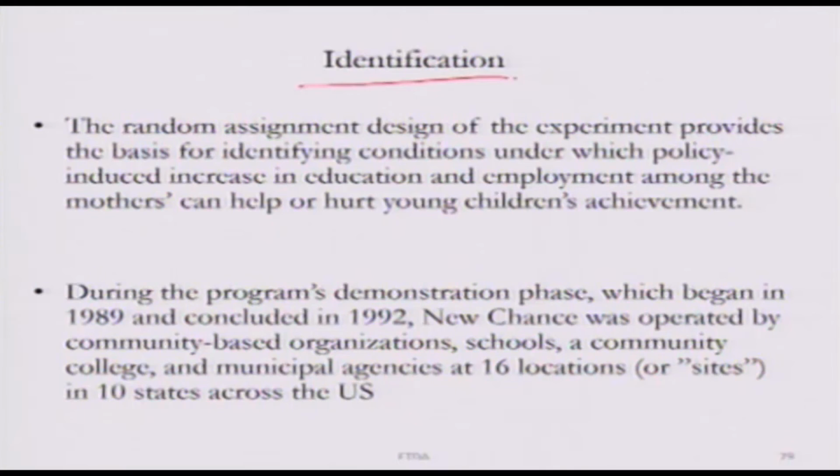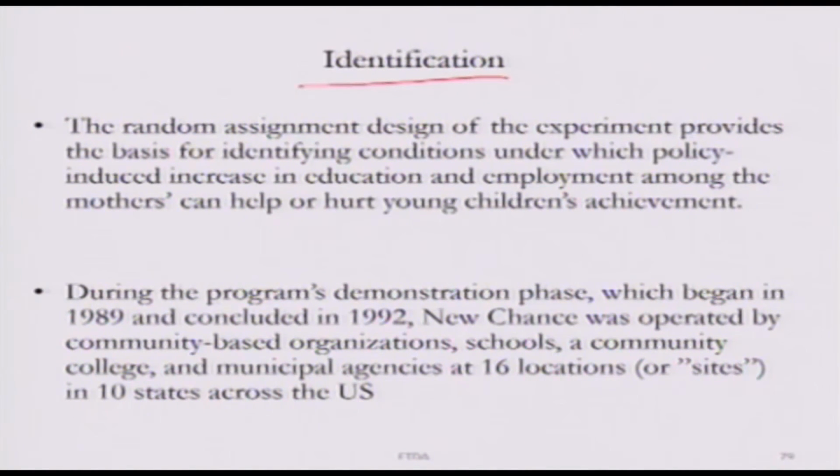So, where does the identification come from, or how do you estimate beta causally? The random assignment design of the experiment provides the basis for identifying conditions under which policy induced increases in income, in education and employment among the mothers can help or hurt young children's achievement.